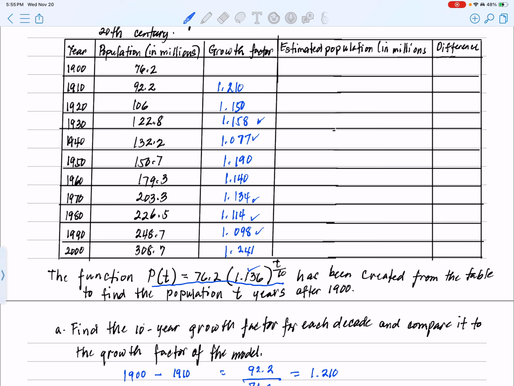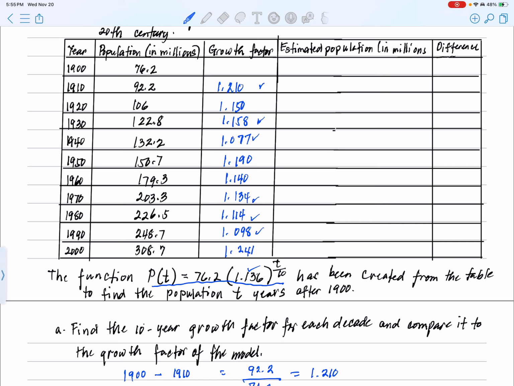But it's less than the growth rates from 1900 to 1930, because we have 1.210 and 1.150. So 1.136 is less than these in these years.